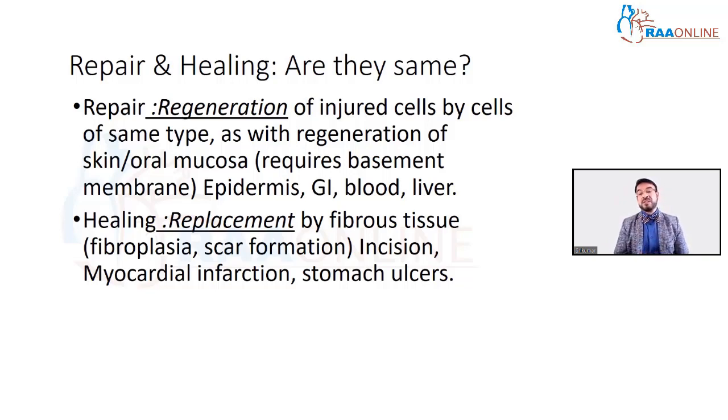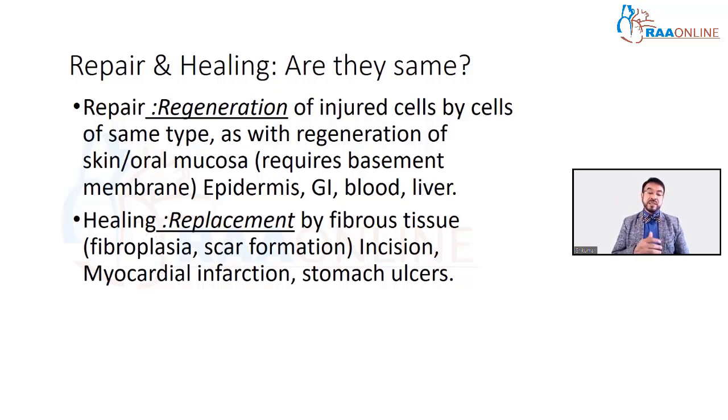The gastrointestinal tract has the basal membrane, and so the old cells keep dying and falling off. Hematopoietic cells: old cells keep dying, new cells keep forming from the bone marrow. The same thing in the liver. So repair is regeneration of injured cells by cells of the same type. The new cells that are formed are the cells of the same type.